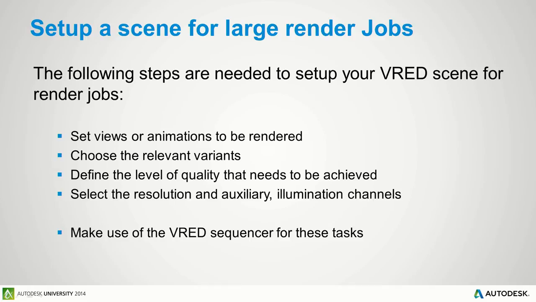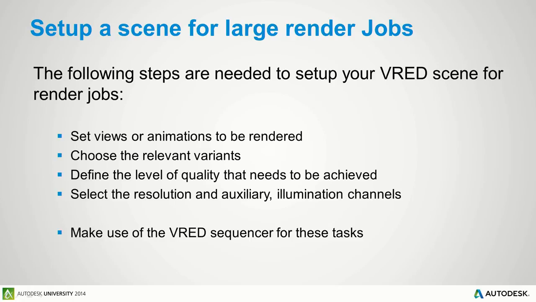You define the level of quality that you want to reach, if it's for big posters or if it's just for your daily talks. You set the resolution and the different auxiliary and illumination channels if you need them for post. As an example, those channels can be the indirect lighting, the direct lighting, and so on.